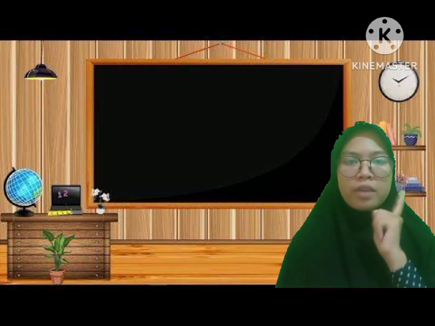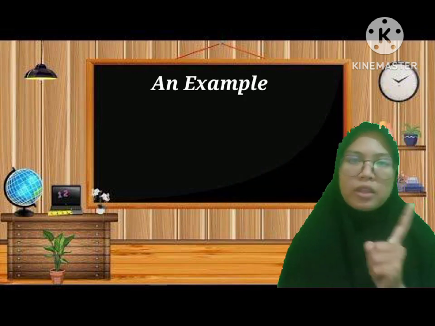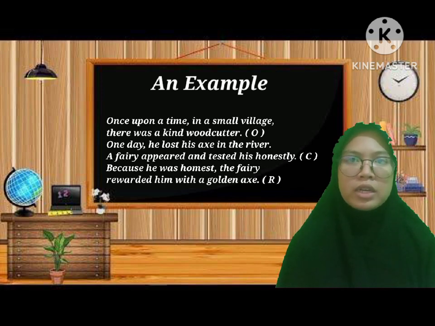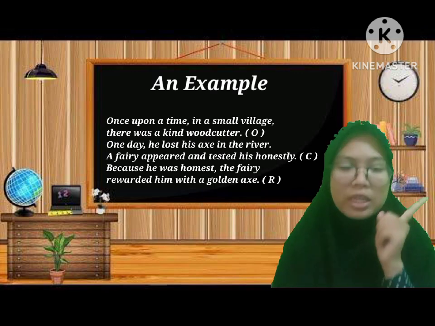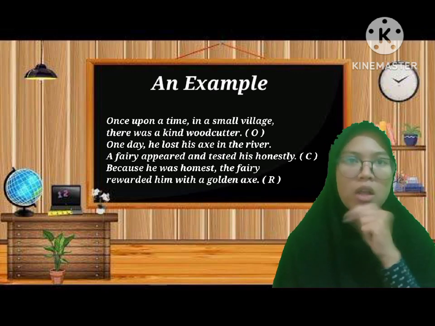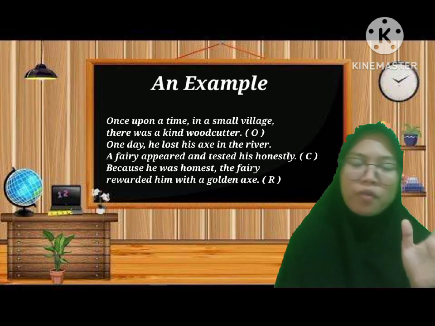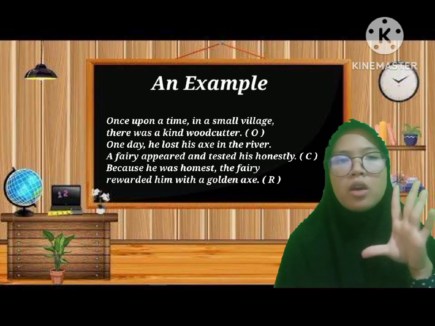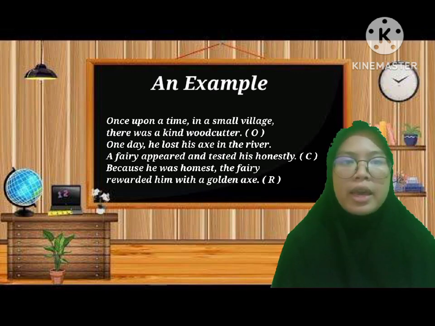Okay, now I will give you an example of narrative text. If you follow the structure of narrative text, the first one is orientation. Let's make the orientation. For example, once upon a time in a small village there was a kind woodcutter. The second structure is complication.